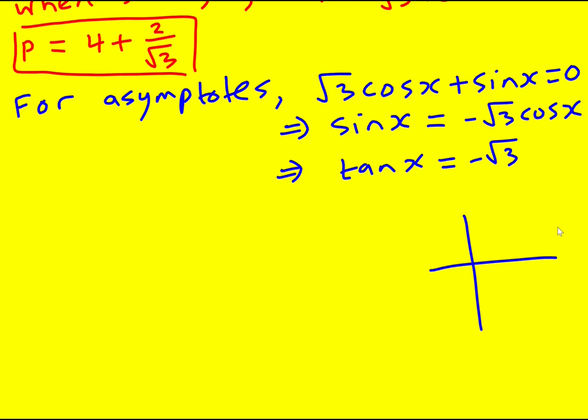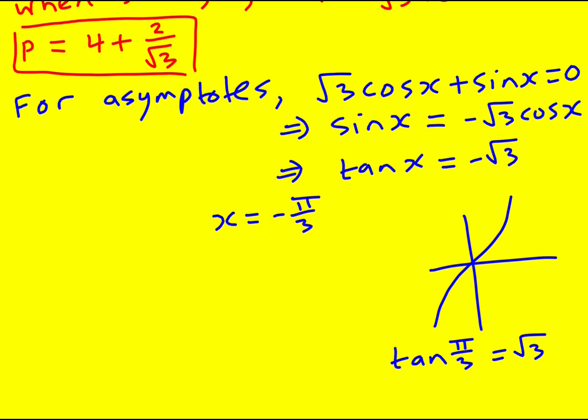Now we're working in radians. We've got tan, and actually, tan of pi over 3 is equal to root 3. So here we're going to get x is equal to minus pi over 3 as one possibility.